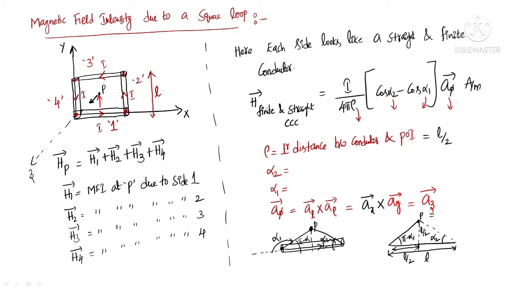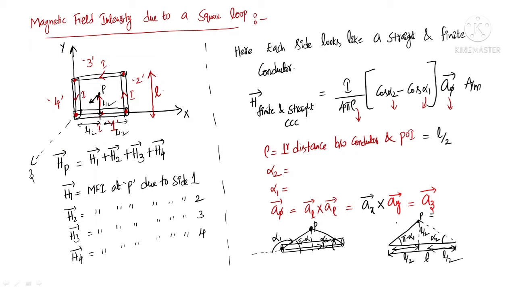It is also L by 2, because the total length is L up to the middle. This is L by 2 and this is L by 2, and this length will also be L by 2. So the perpendicular length is L by 2. Here also it is L by 2, and this length is also L by 2.